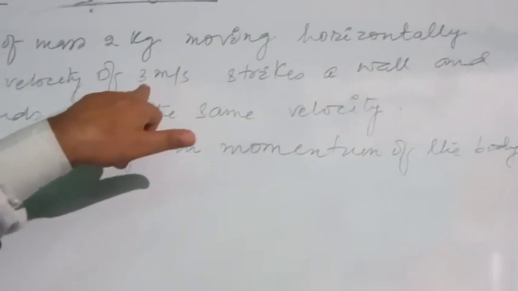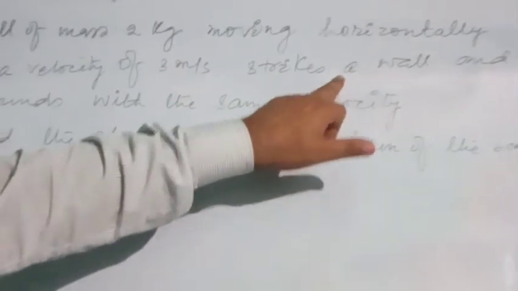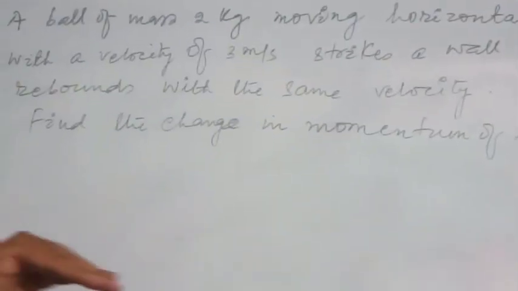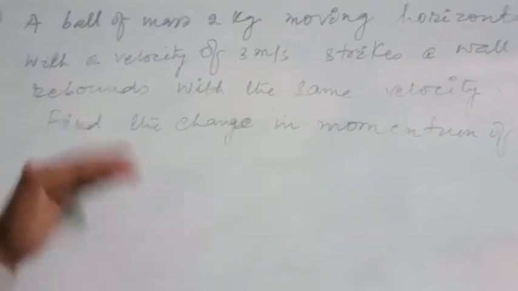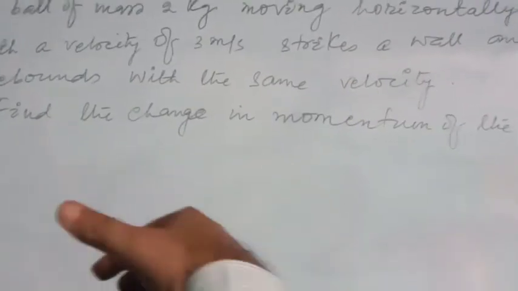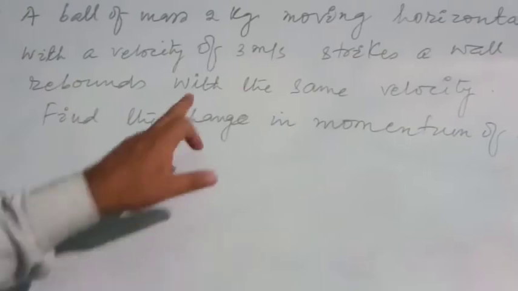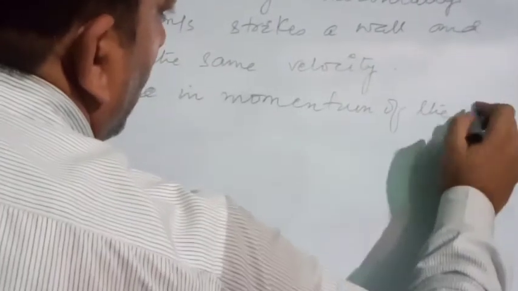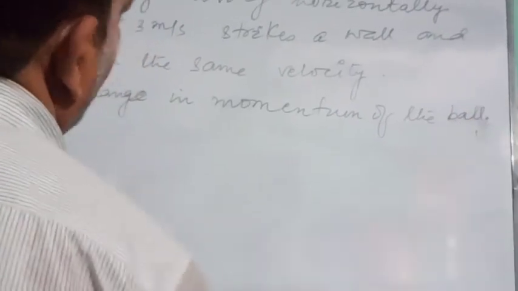A ball is moving horizontally with a velocity of 3 meters per second and strikes a wall and rebounds. I mean to say that the ball comes back on the same path with the same velocity. You have to find the change in momentum of the ball.